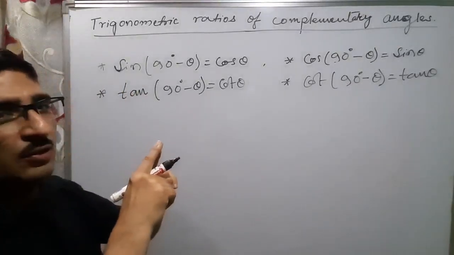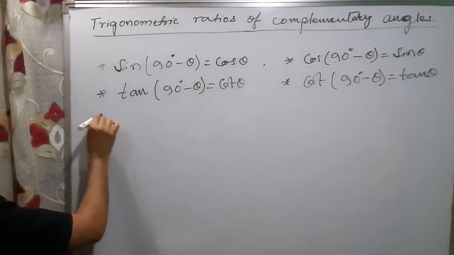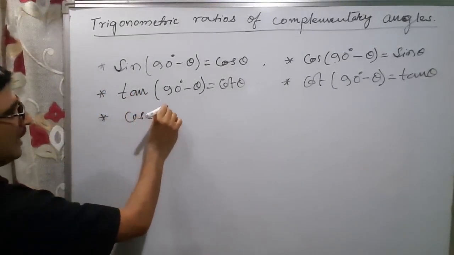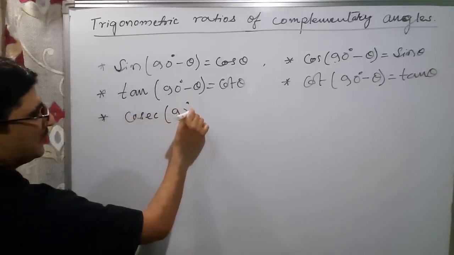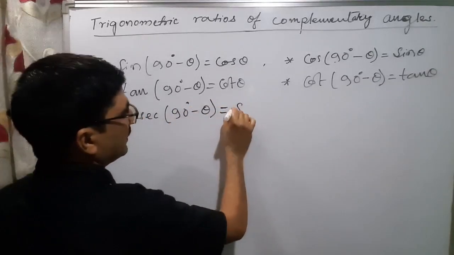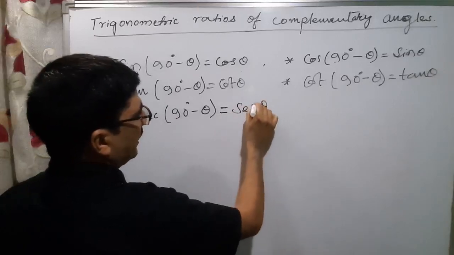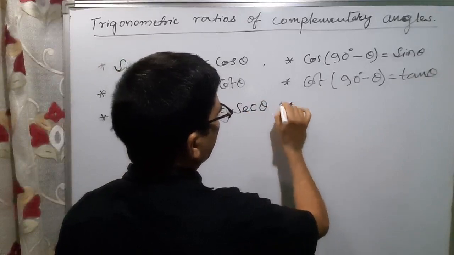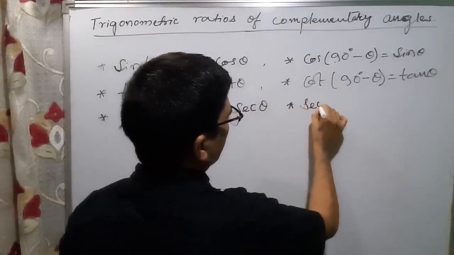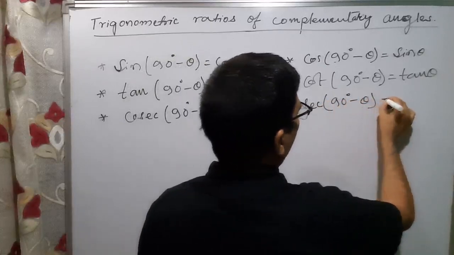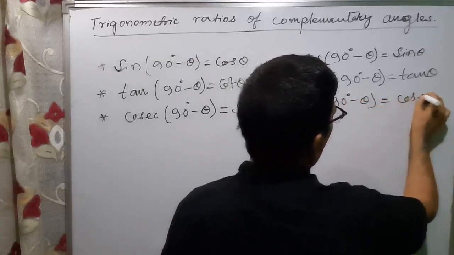Next one is cosec of 90 minus theta is equal to sec theta. And then similarly you can write sec of 90 minus theta is equal to cosec theta.